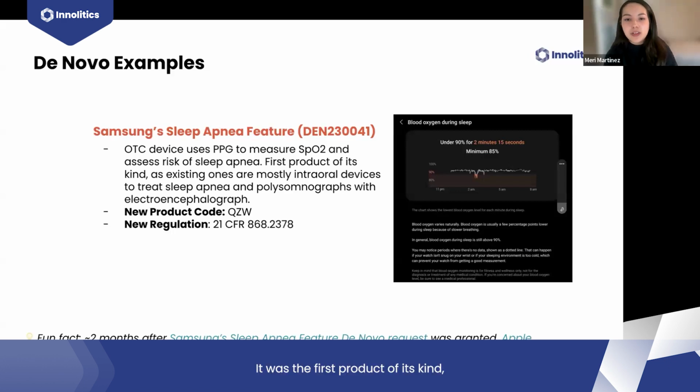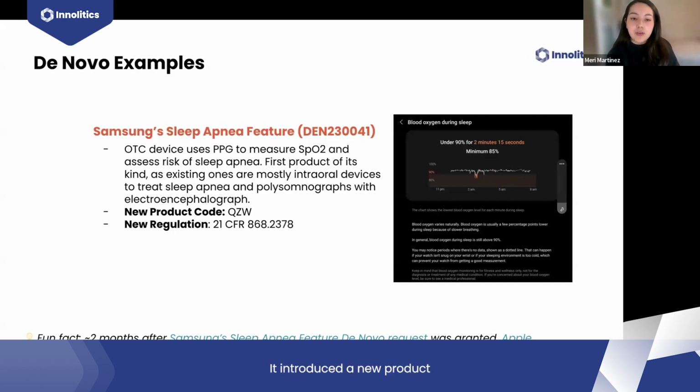It was the first product of its kind because the other existing ones are mostly intraoral devices to treat sleep apnea, and also polysomnographs with electroencephalographs to evaluate brain signals during sleep. Wearing a watch and being able to assess the risk of sleep apnea through blood oxygenation was the first of its kind.